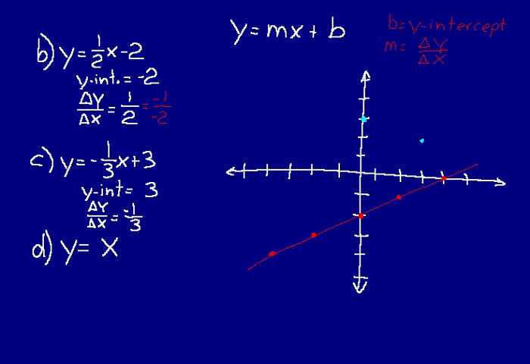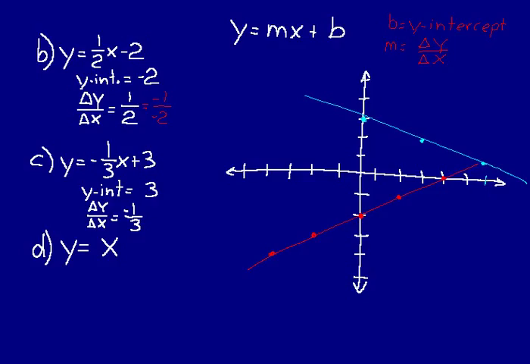Down 1 and to the right 3 again. And I don't really have a third mark on the graph. I'll just go ahead and put one right there. It'd be about right in here. Draw the line through those points. And you see that it does slope downhill from left to right.